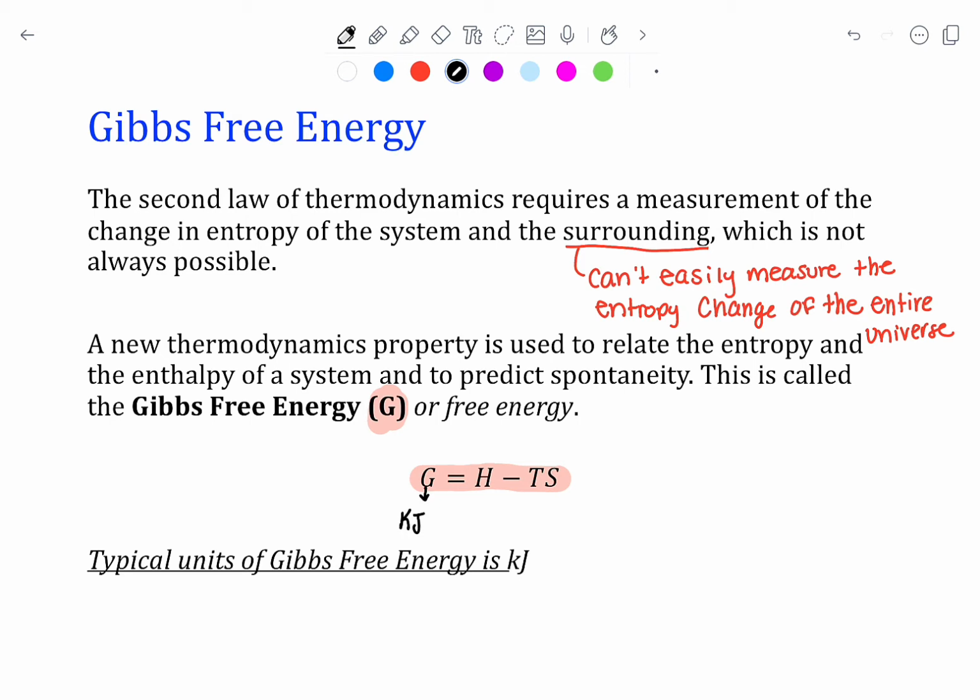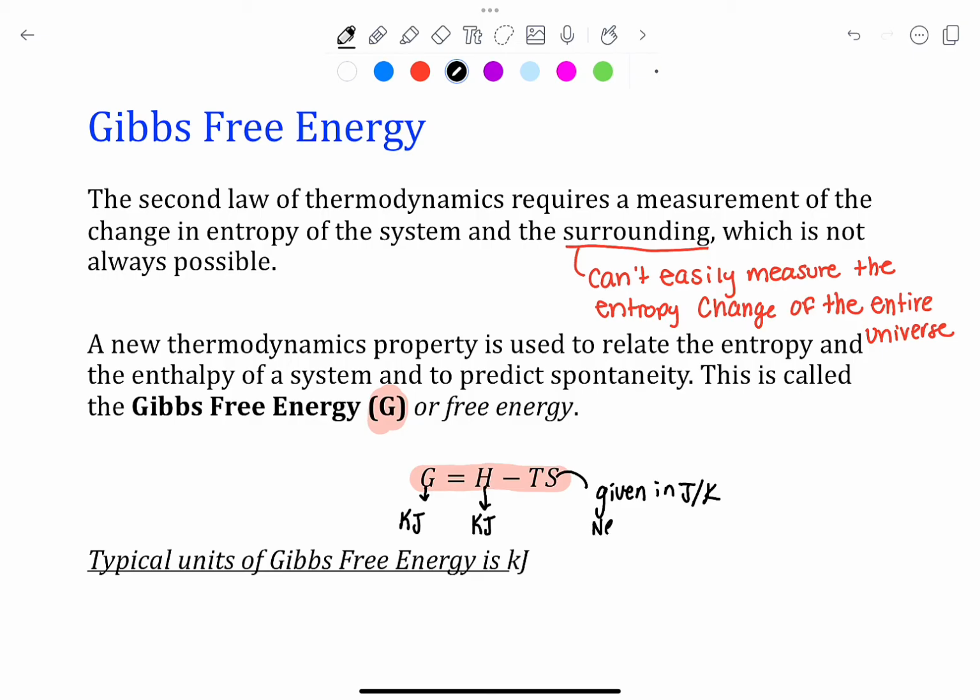I'm talking about what is given in our appendix, Appendix 2, or in our ALEKS data tab. Gibbs free energy is always given in kilojoules. Enthalpy is also given in kilojoules. But in Appendix 2, the S is given in joules, specifically joules per Kelvin.